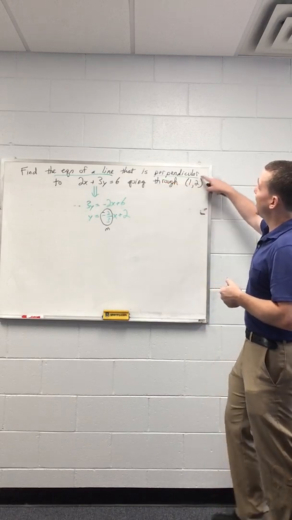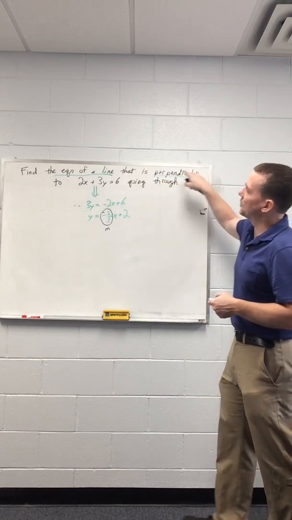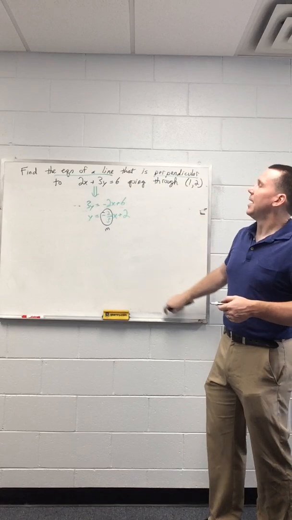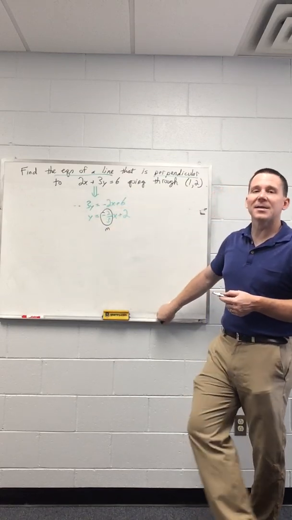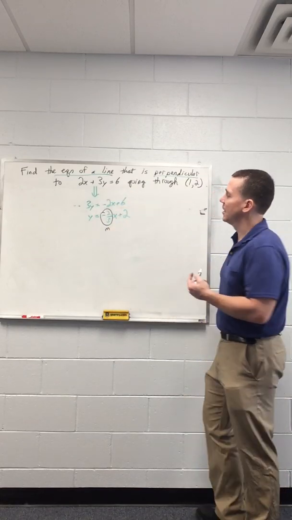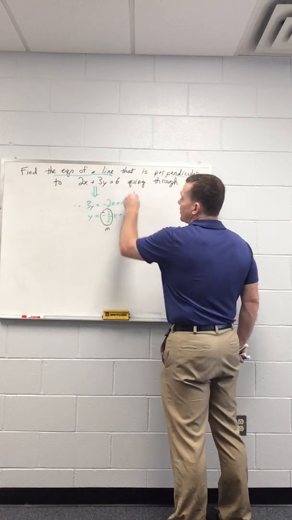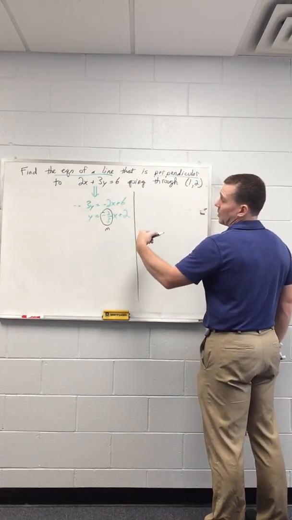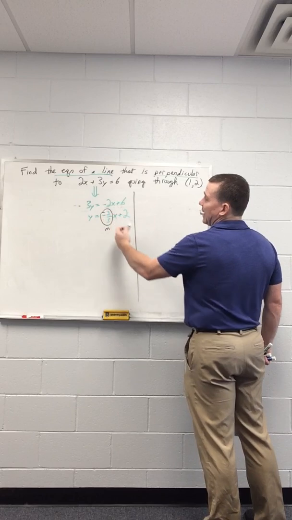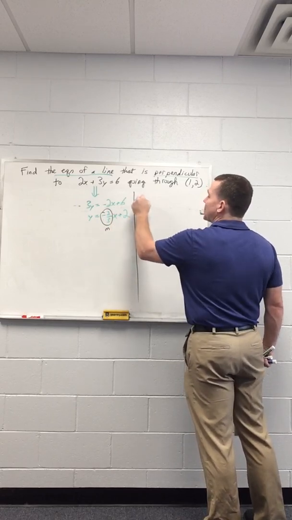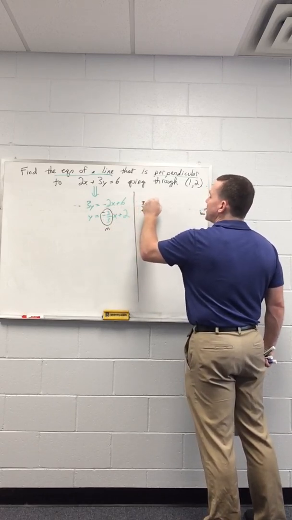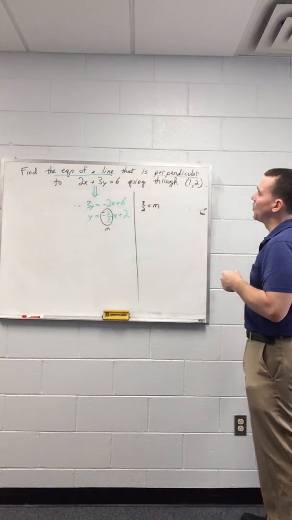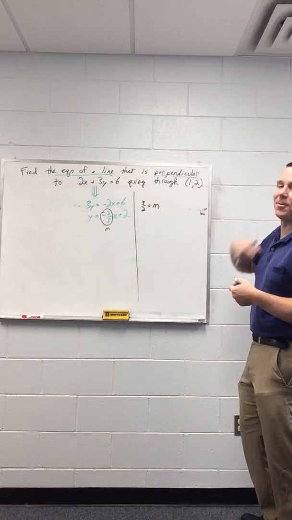Now I just have to keep in mind, I'm looking for a line perpendicular to this line. If I want it to be perpendicular, that means the slopes have to be negative reciprocals. So if this slope is -2/3, the negative reciprocal, flip the sign, negative becomes positive, flip the fraction, 2/3 becomes 3/2. That will be the slope I want.